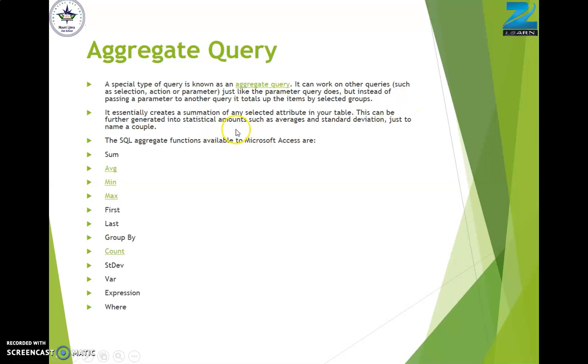This can be further generated into statistical amounts such as average, standard deviation, just to name a couple. The SQL aggregate functions available to Microsoft Access are sum, average, minimum, maximum, first, last, group by, count, standard deviation, variable, expression, where. All this comes in aggregate query. When we want to do some calculations on our data, then we can use aggregate query.